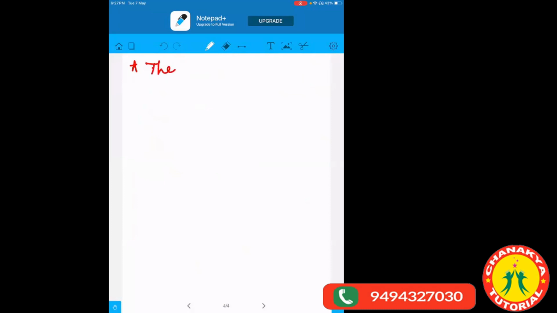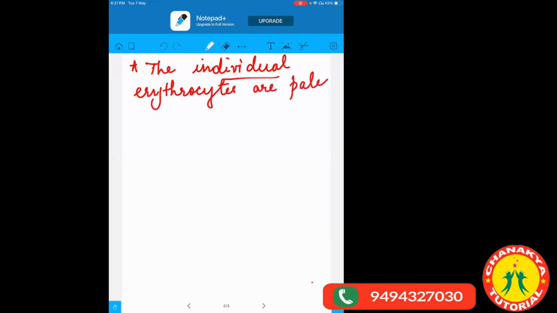So, when we talk about the individual erythrocyte, what do you mean by individual? Yeah, single. So, when I talk about the single cell of the erythrocyte, generally they are pale yellow in color.